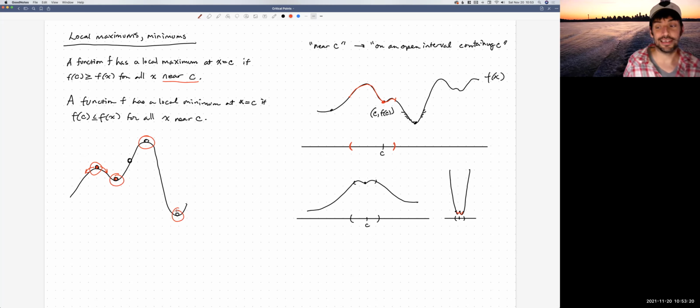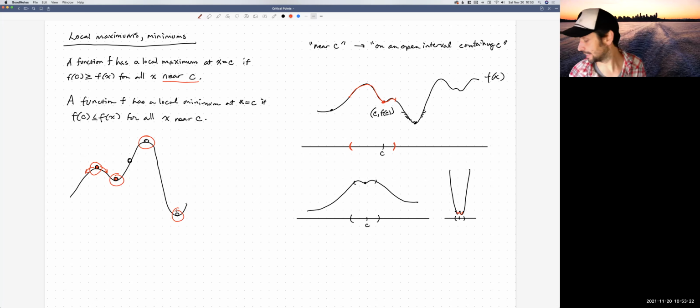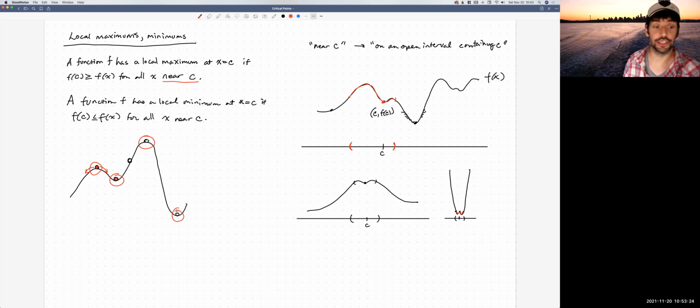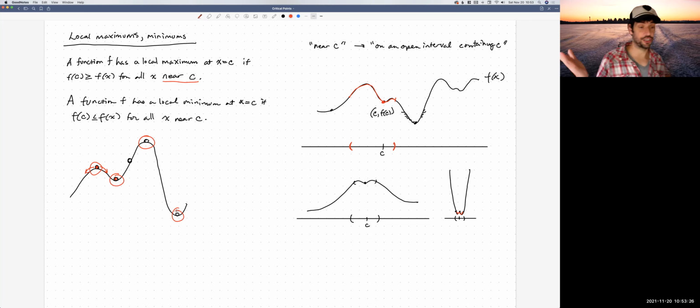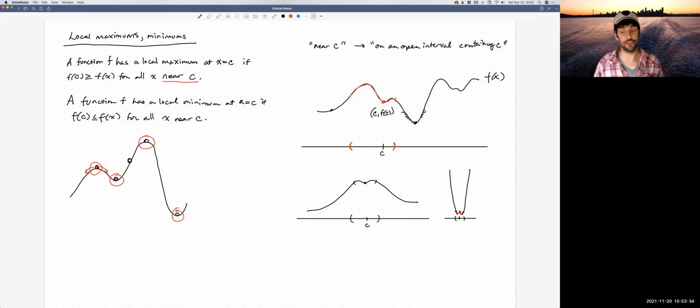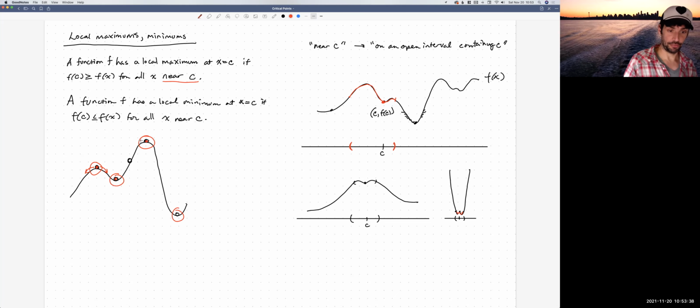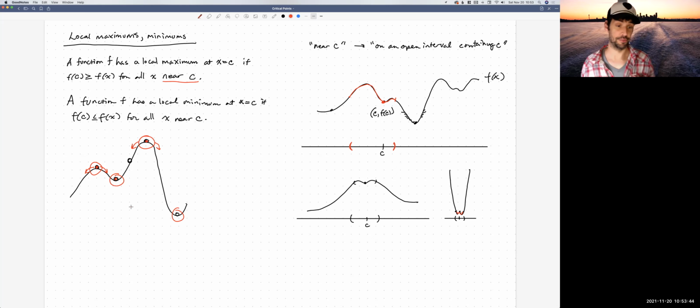But this analogy can extend to things like chemical reactions and places where they have low energy or high energy. And depending on the situation, you might have something where a small change in the situation leads to great changes in the outcome. So a small change here, if you shake this ball at the top of the hill a little bit, it ends up at a dramatically different place.